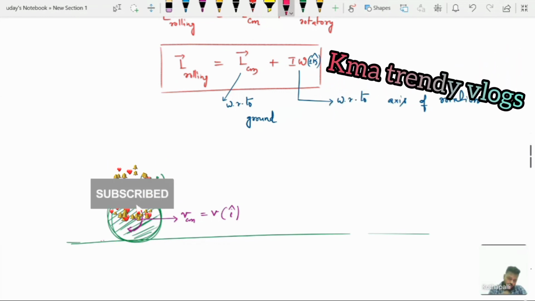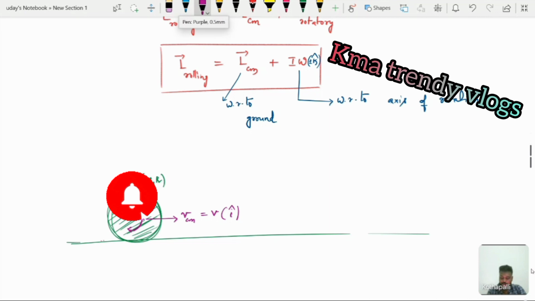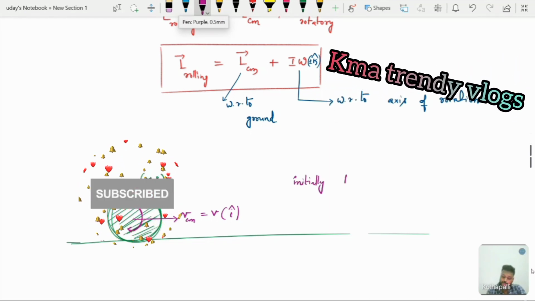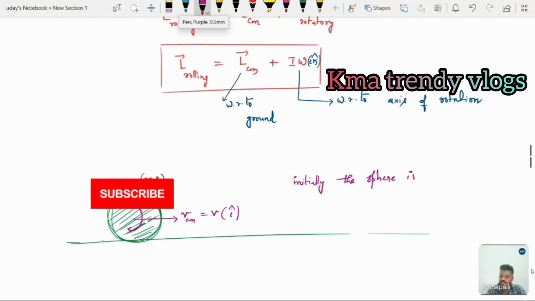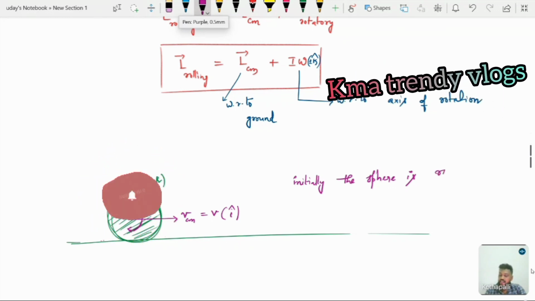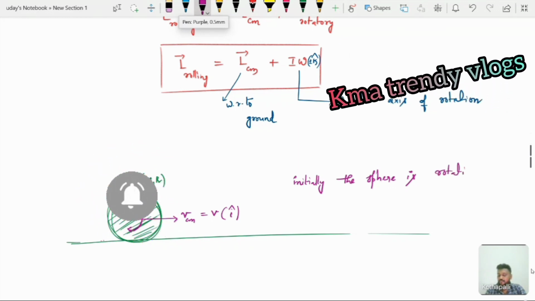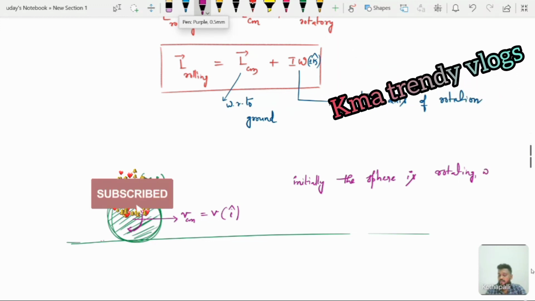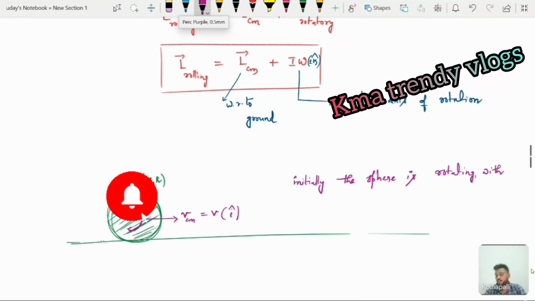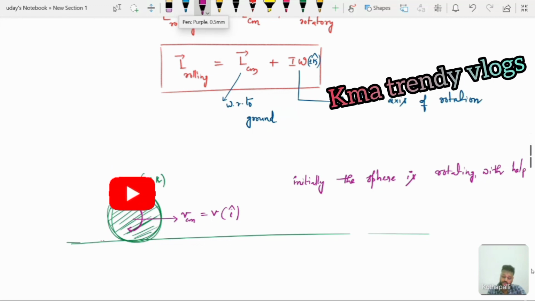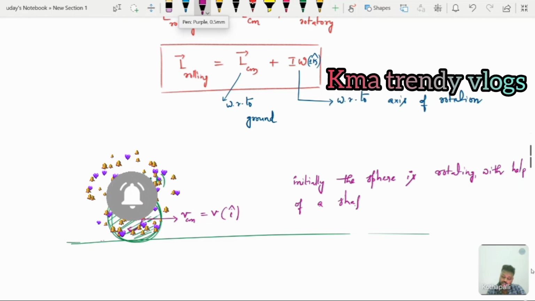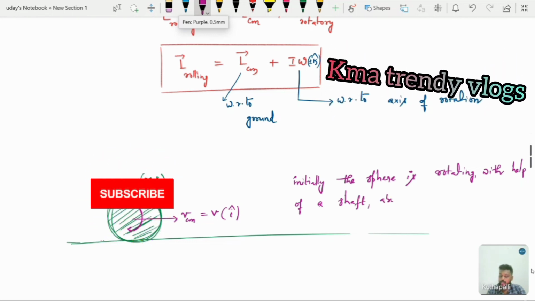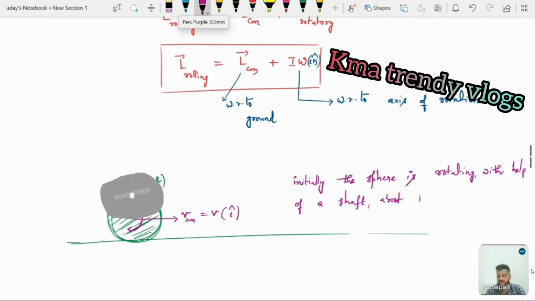Now see, here I'm framing the situation like this: initially the sphere is rotating with the help of a shaft, a horizontal shaft, about its center.